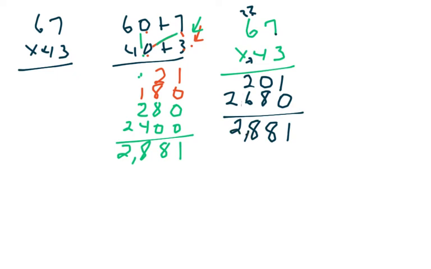Shortcut method. Now, here's what we did. We multiplied these out and carried over the 2. That's one of the 2s we carried over instead of writing it down. These 2 added together is 201. Then we did the same thing with these 2. We multiplied 4 times 7 and got the 28.